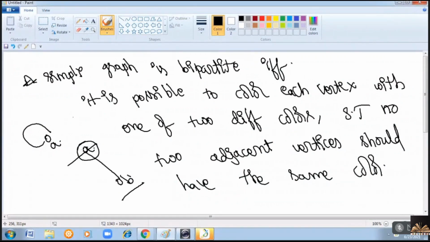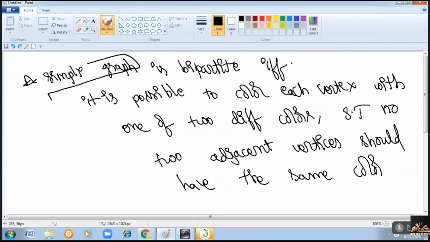With a loop, the edge would be formed within only one group. That is the reason loops are not allowed in a bipartite graph, and that is the reason I have used the words simple graph. A bipartite graph is a simple graph.